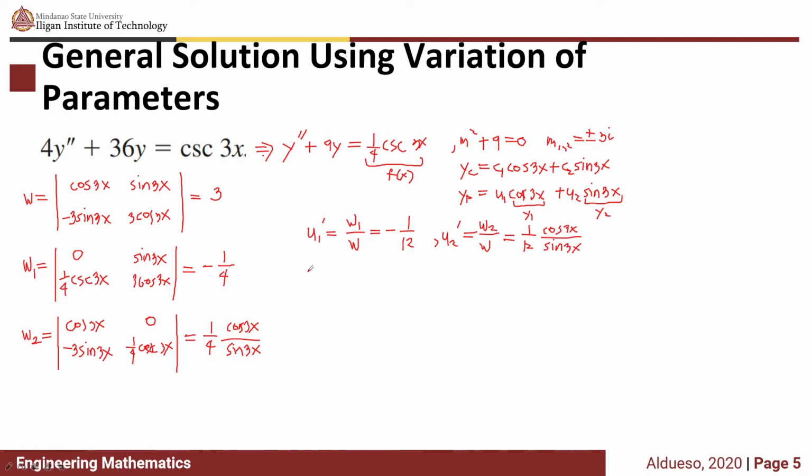So integrating u1 prime and u2 prime, we have u1 is just equivalent to negative 1 over 12 x. Then our u2 is 1 over 12 integral of cosine 3x over sine of 3x dx.